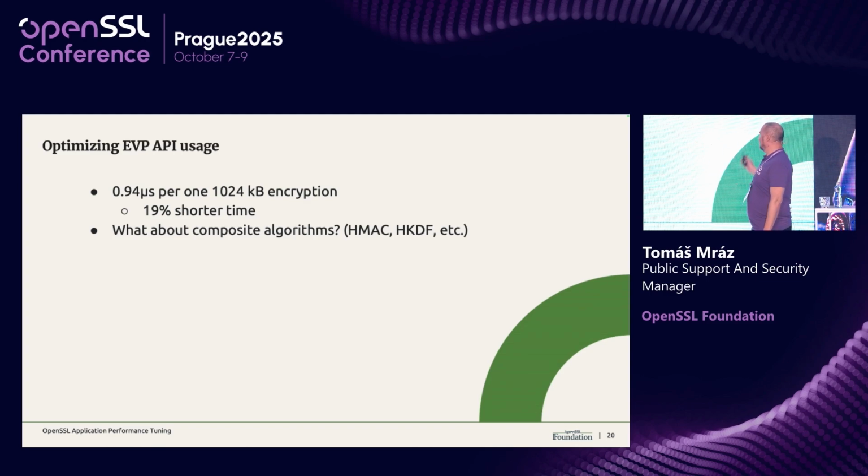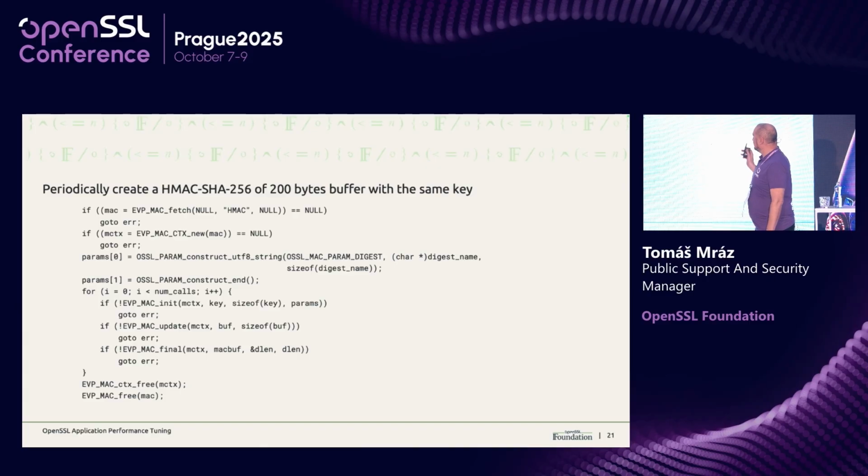Similar things can be applied to composite algorithms, and there is one thing to consider with these algorithms. Basically, these algorithms implement internal fetches. So you are fetching the HMAC algorithm, but it internally needs to fetch the SHA-256 digest. So we can probably do something.